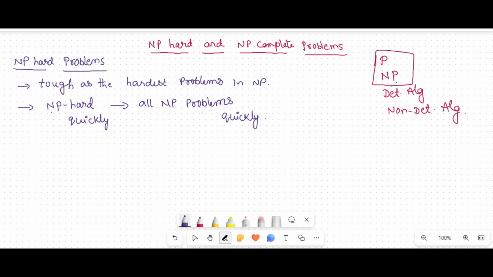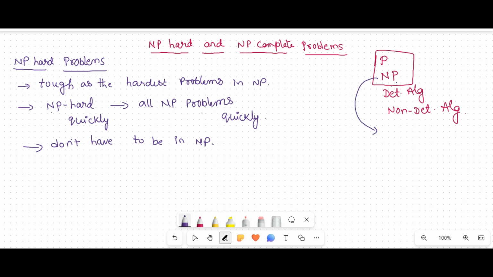So these NP hard problems don't have to be in NP. What does it mean?